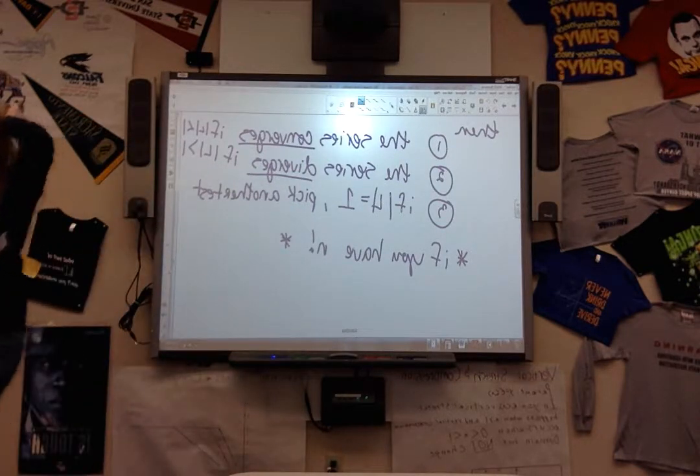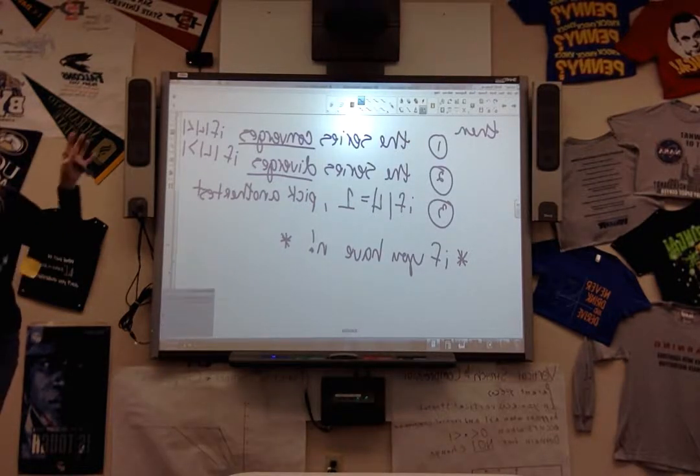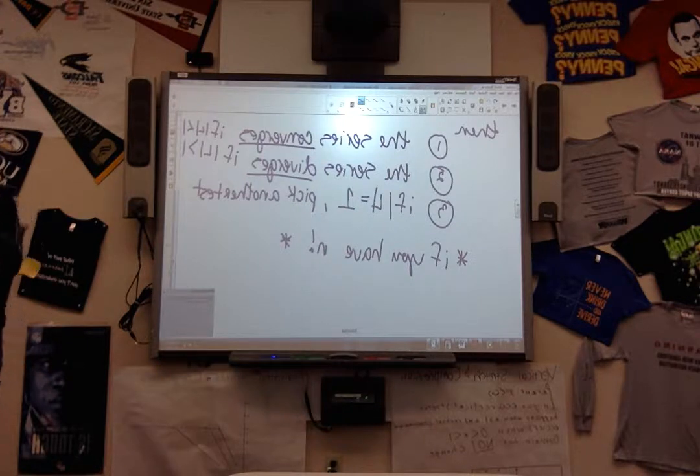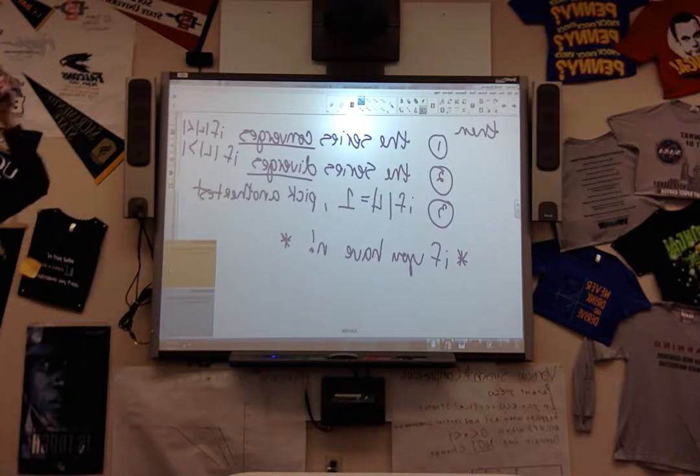If I only have n's in the exponent, I'm going to go to geometric. If I have an n factorial, I am probably going to skip straight to the ratio test. We have tons more tests, so today we're going to focus on these 3, on telling converge or diverge and making sure we understand the conditions that have to be met. Tomorrow we'll work on the radius and the interval of convergence.